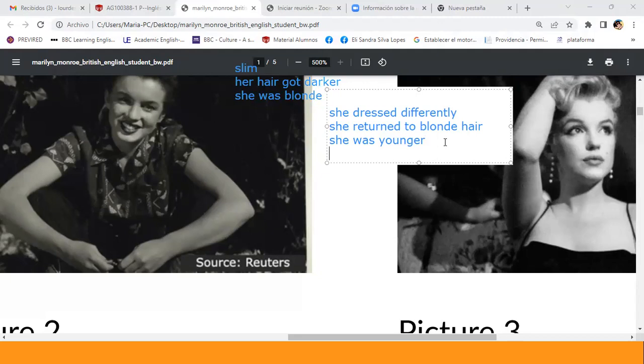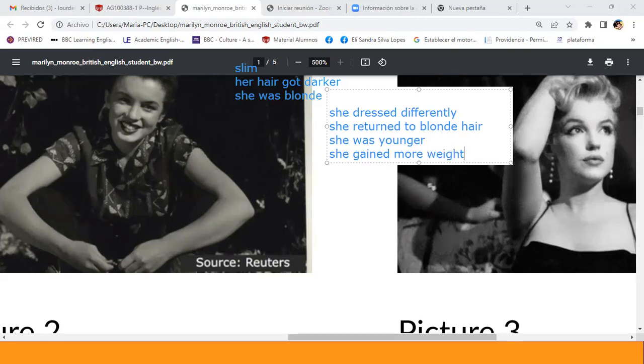She has more weight, I think, in the last one. It's the change from teenager to adult woman. So in the last one, we can say she gained more weight.